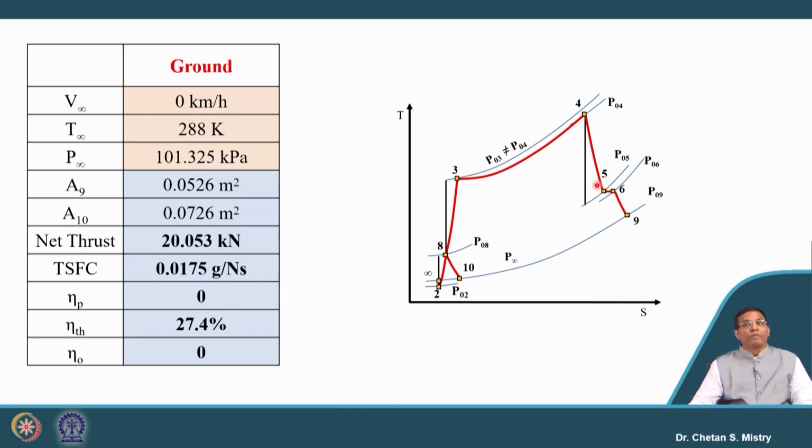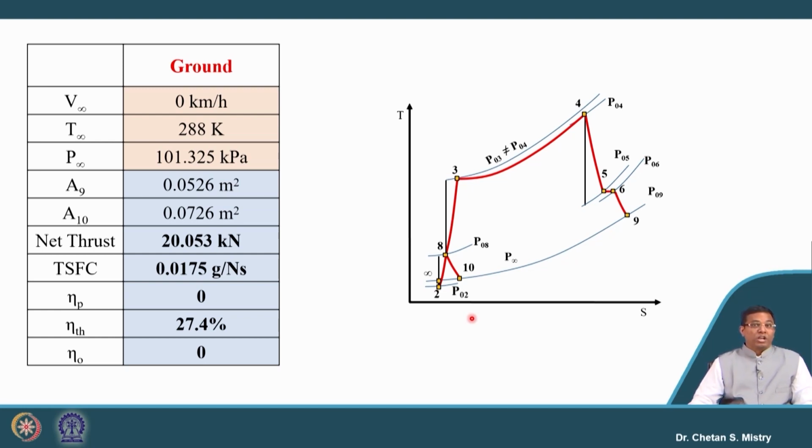If you recall, when we were discussing the turbojet engine, there also we discussed the effect of different parameters. So, let us look at the impact of variation of these parameters on the overall performance of the engine, because that is what will help designers to decide the parameters. Which parameters?